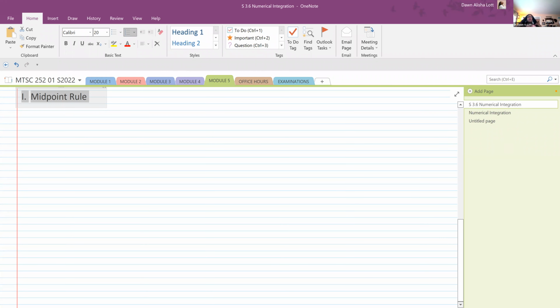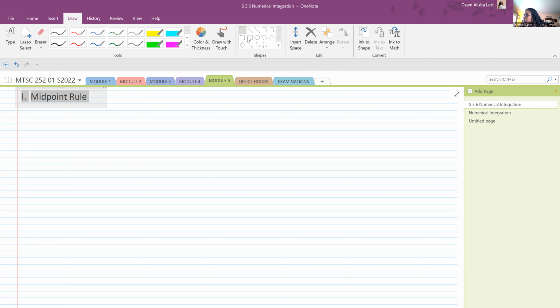Okay. This is how the midpoint rule works. So say we have a function. So here's my graph here, and I have a function floating over top, whatever it looks like.